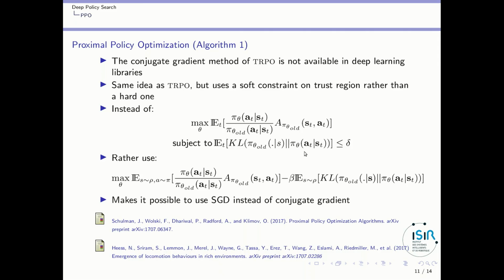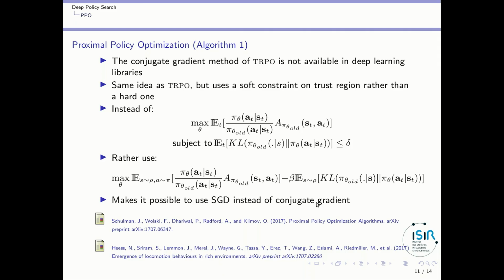So that's very close to that. Instead of using a constraint, you rather use regularization. So you want to minimize this, this way. And if you express your return objective this way, then you can use standard gradient descent techniques instead of conjugate gradient.